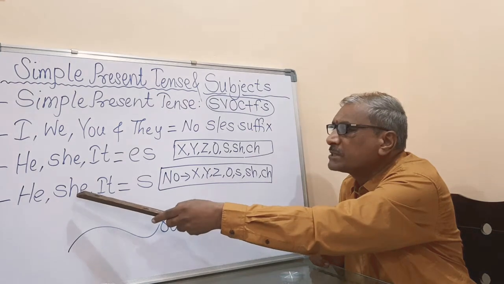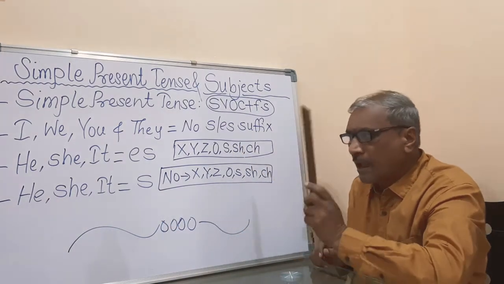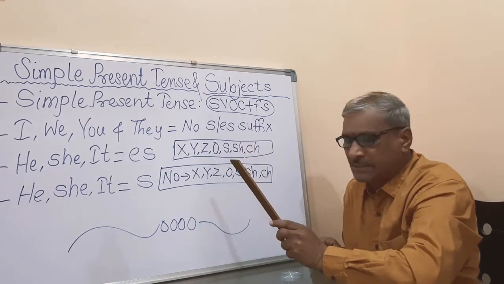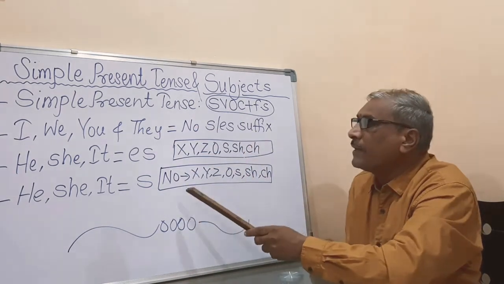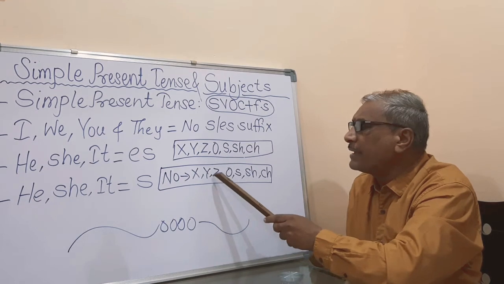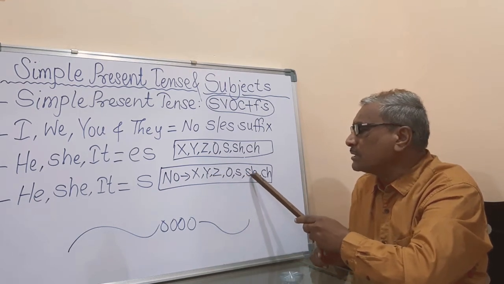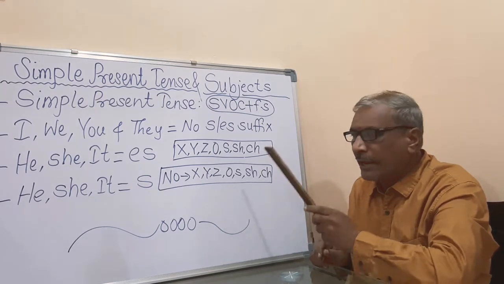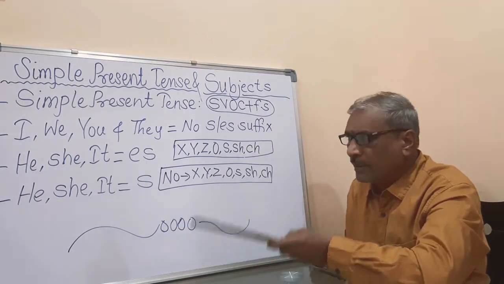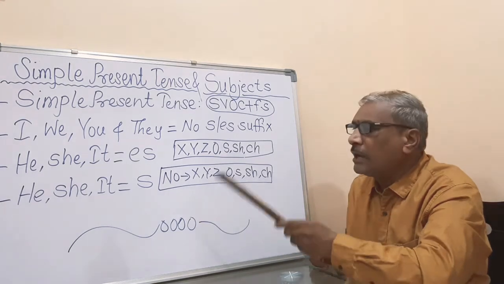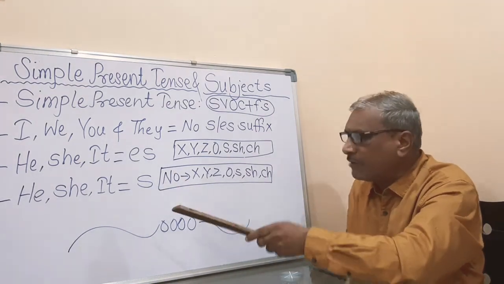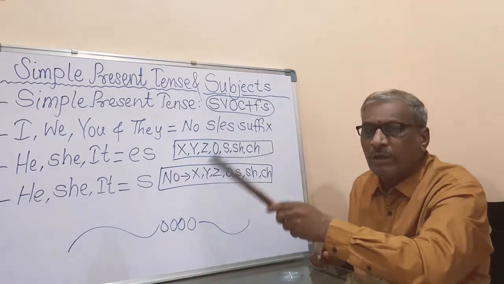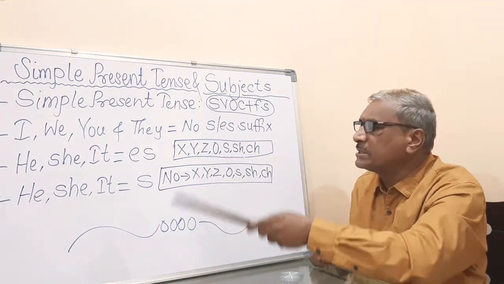If the subjects are he, she, it, and the tense is simple present, and there is no X, Y, Z, O, S, SH or CH at the end of the main verb, then we use the S suffix with the main verb while talking or writing in the simple present tense.